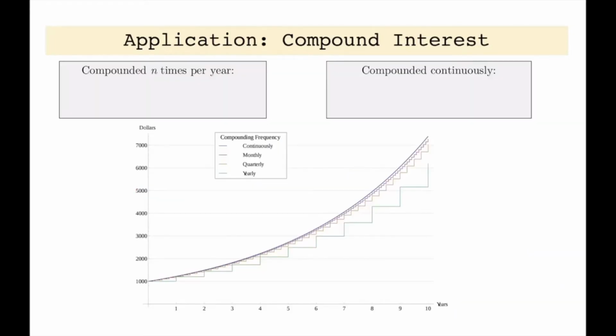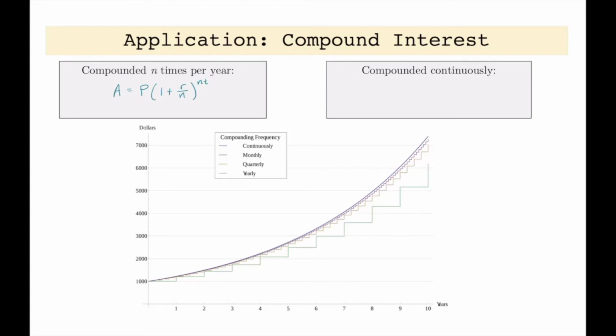So to summarize the different formulas that we have here, for compound interest there are basically two kinds. We can compound our balance n times per year, and the formula for that is the one we were talking about, where A, the amount in the account or the balance, equals the principal times 1 plus the annual interest rate over the number of compoundings, raised to the n times t, where t is in years.